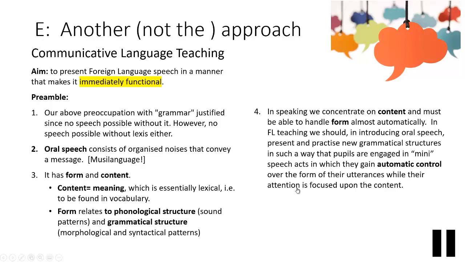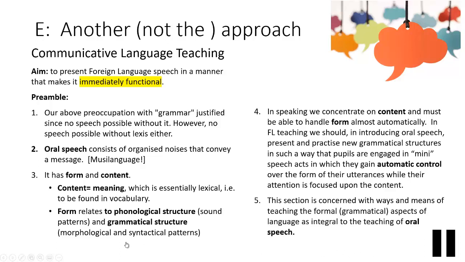So in language teaching, in introducing oral speech, we should present and practice new grammatical structures in such a way that pupils are engaged in these little mini speech acts, so that they can gain automatic control over the form of their utterances while their attention is focused upon the content. They're thinking about what they want to say, but they shouldn't have to be thinking too much about the form.